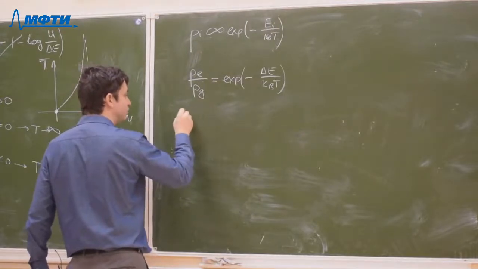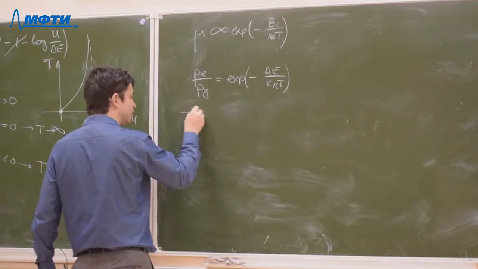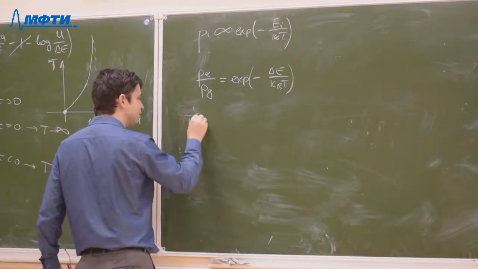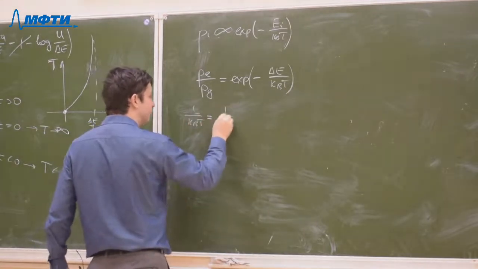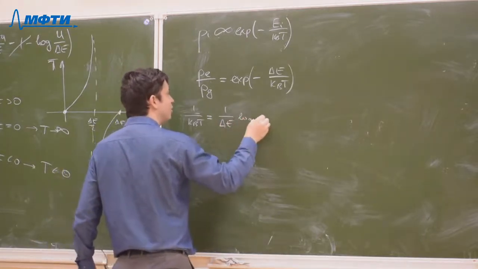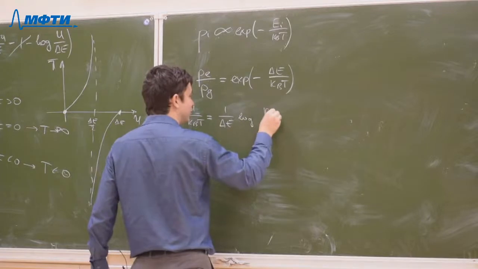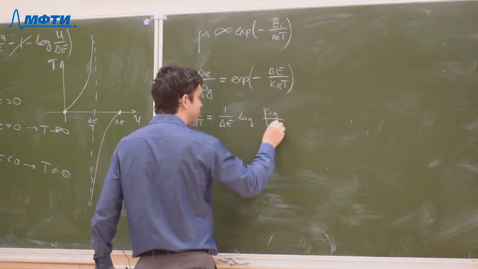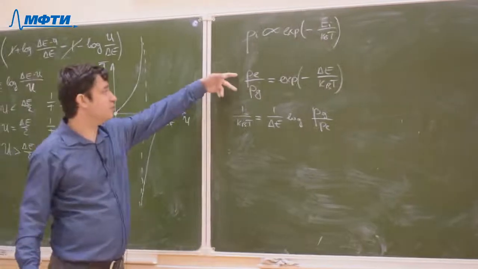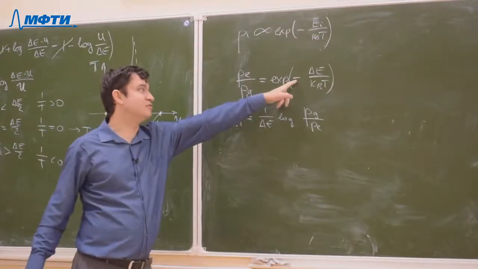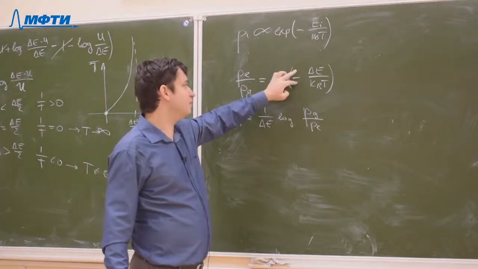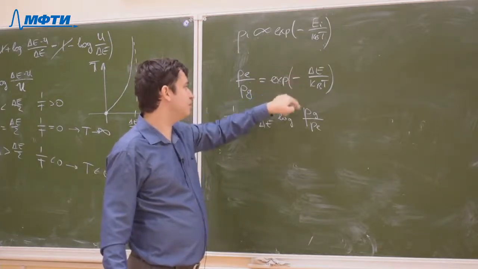So this temperature, let's say 1 over kBT, is 1 over delta E natural log of P ground over P excited. If we flip this ratio here, that means we multiply the power of the exponent by minus 1, so we eliminate this minus.